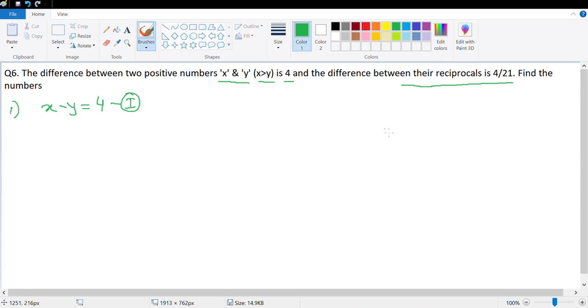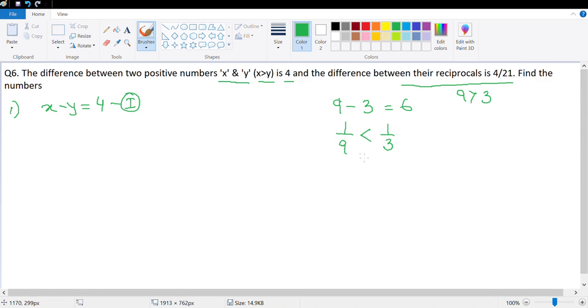So this is where the trick or the concept lies. If, let's say, 9 minus 3 is equal to 6 and 9 is more than 3, if you take the reciprocals 1 upon 9 and 1 upon 3, then 1 by 9 is less than 1 by 3, right?